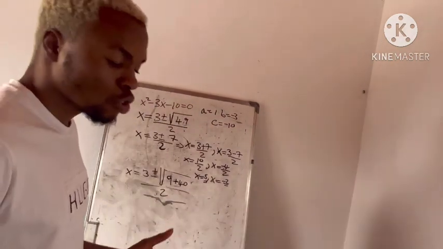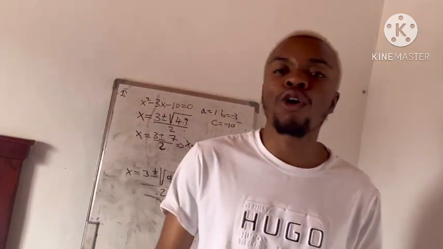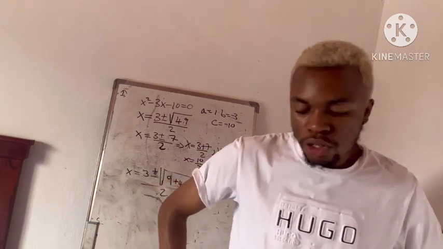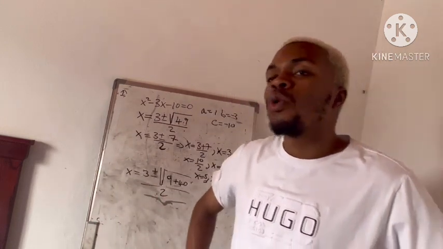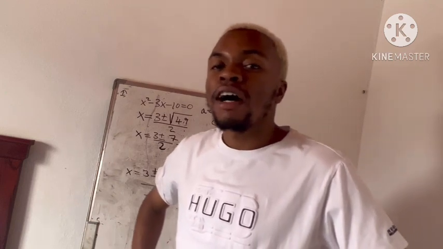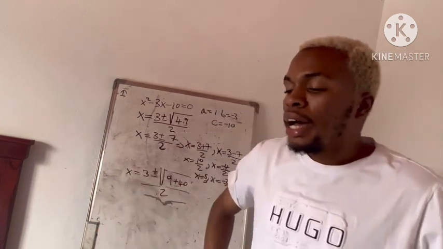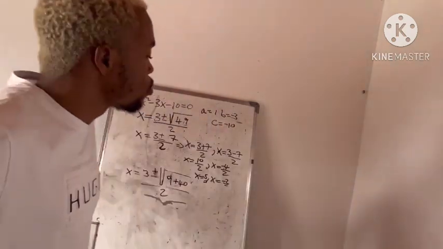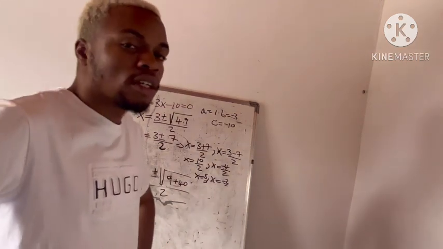Remember, that's the same solution we had before when we factorized the equation. So I've taken you through the quadratic formula and the factorization method, and you can see we have the same solutions.